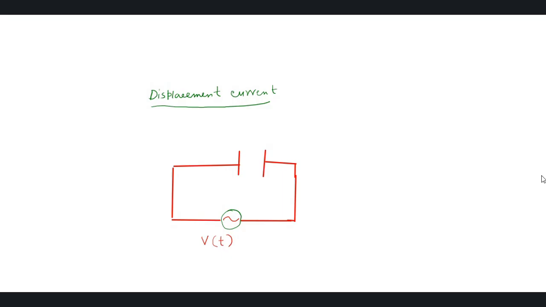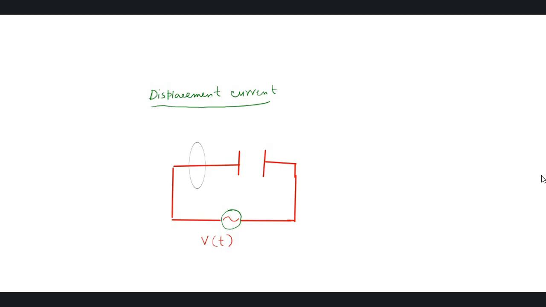So this is the AC source, and now let's say we are considering a circular contour like this. This contour is actually bounding two surfaces.